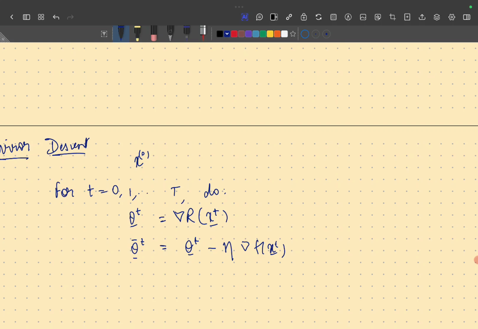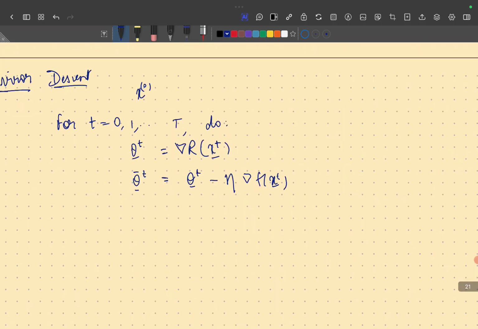This is nothing but gradient R of xt minus eta times gradient f of xt. And Wt plus 1 is going to be equal to the inverse gradient, so it's the gradient of the conjugate of R evaluated at theta bar t.